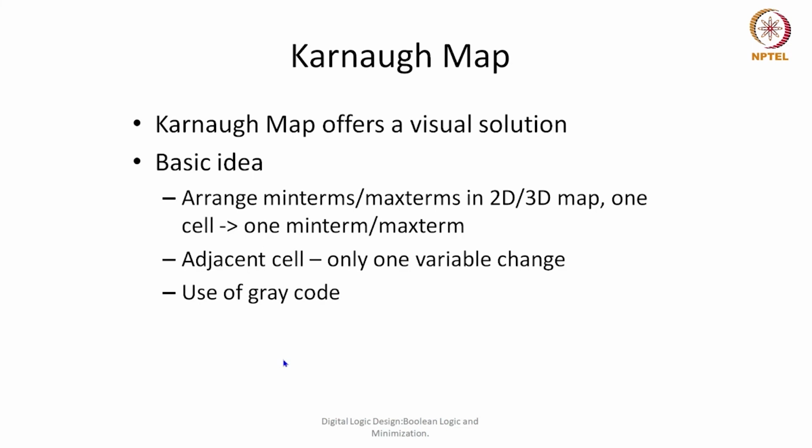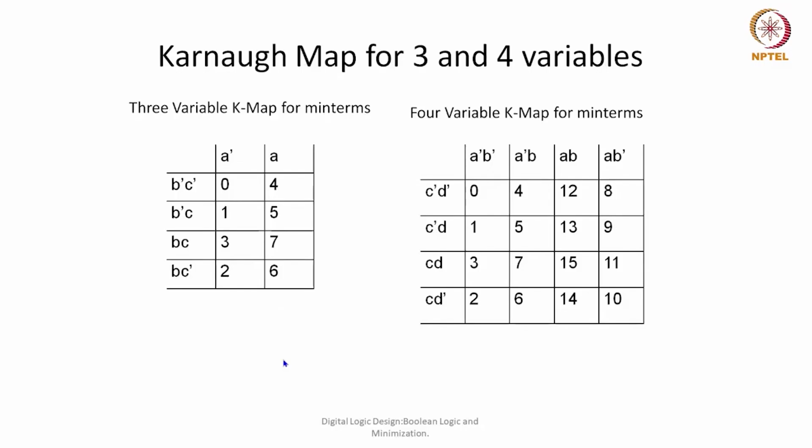Let's take a quick example of how these maps are represented. Let us say I have 3 variables A, B and C, keeping A at the most significant place and C at the least significant place. So I can write it like 0, 1. This is a gray code representation: 0, 1, 3, 2, 4, 5, 7, 6.